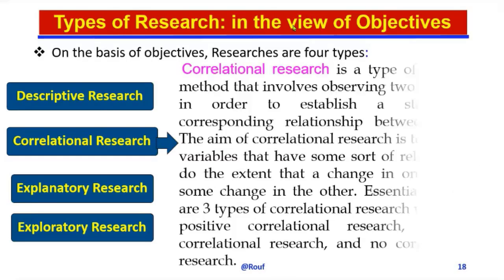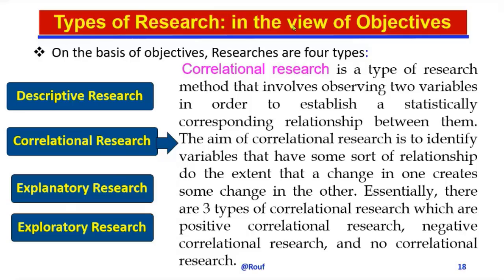Second, correlational research. Correlational research is a type of research method that involves observing two variables in order to establish a statistically corresponding relationship between them.